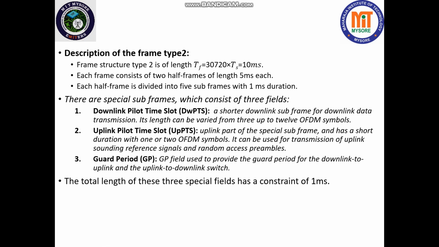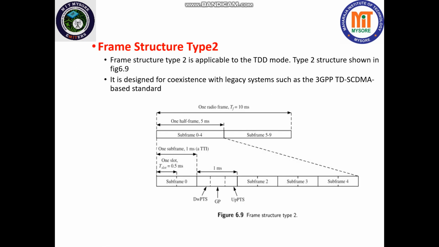This guard field provides the guard period for the downlink to uplink and uplink to downlink switchover. The same frequency is used for uplink for some time, then it can be used for downlink for some other time in the particular time slot.